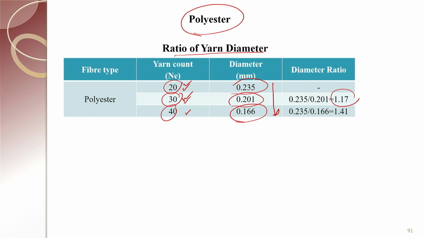So, that means 20s yarn is 1.17 times thicker than 30s yarn and 1.41 times thicker than 40s yarn. So, this is the diameter ratio. Now, for pick density, to keep the same D by P ratio, we have to adjust the pick density accordingly.